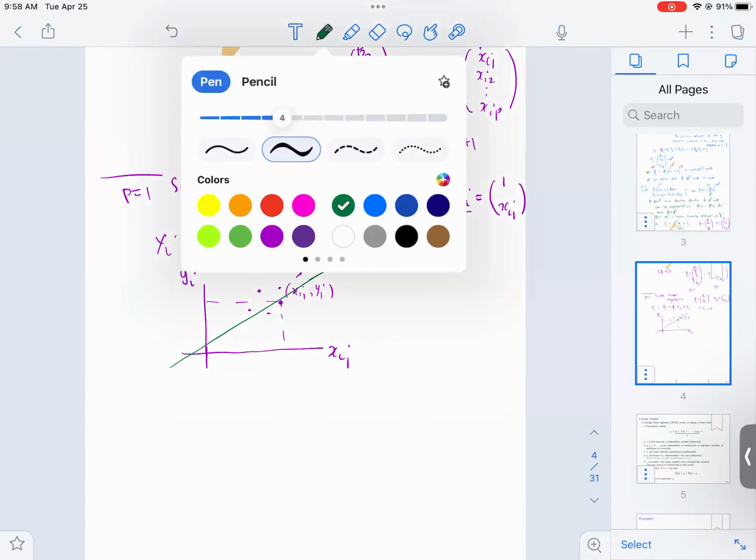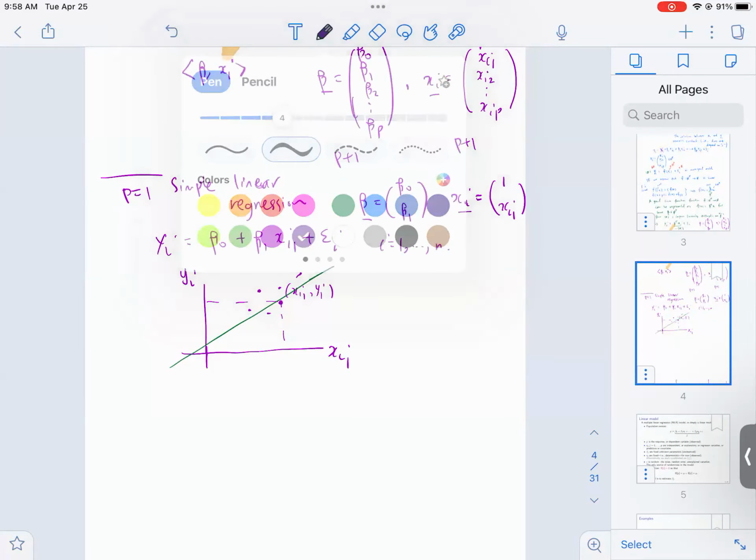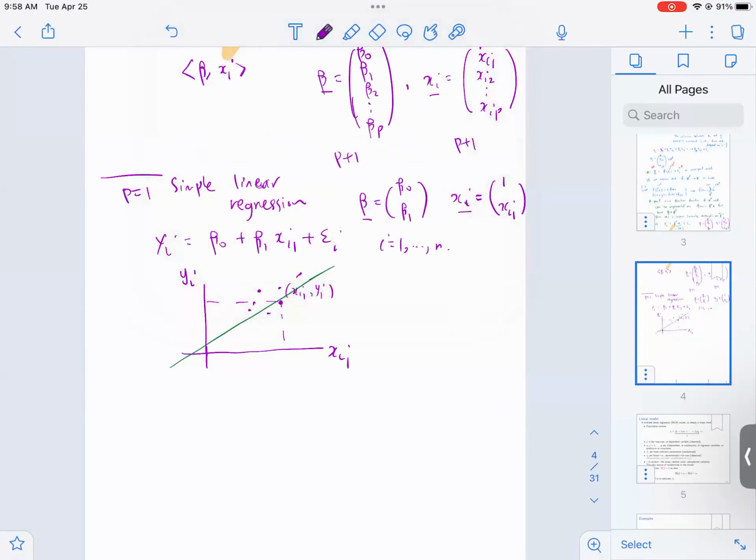And if the model is true, these points are usually going to be around this line. That's what you'd expect to see. So what is that line?